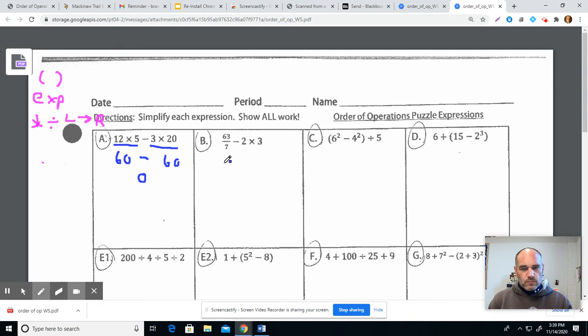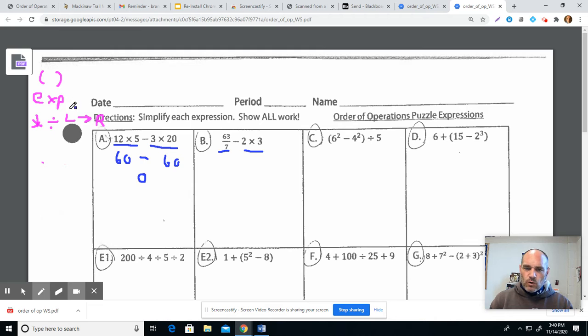For this one, we're going to go through the same process. All right, you're going to write this down on your notebook paper. There's no parentheses to work inside of. There's no exponents in this problem, but there is some multiplication and division. So remember, fractions mean division. So this is a division problem, 63 divided by 7. So I have division and multiplication in this line.